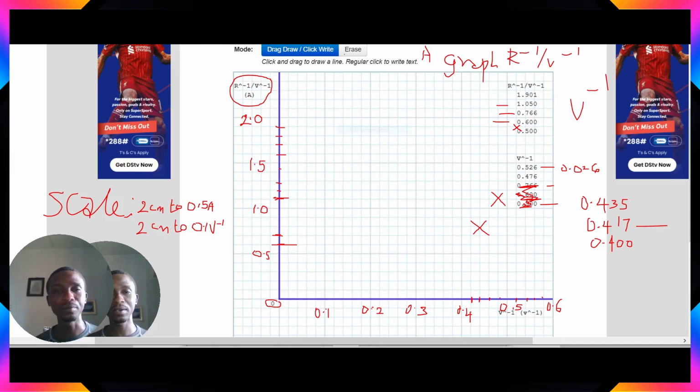Then the next value is when our inverse, when our ratio is 0.6, and here is where it is 0.6, and the corresponding value of the voltage at that moment is 0.42, and there is 0.42.